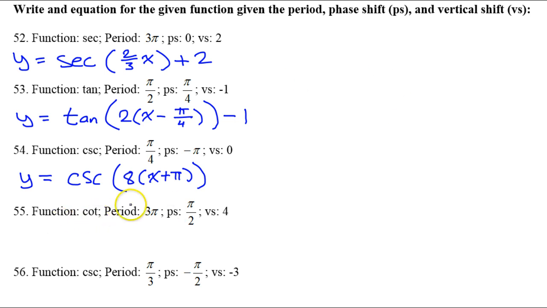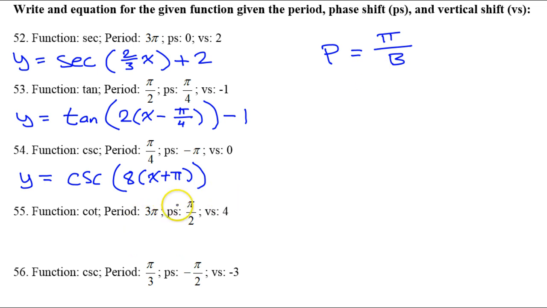Cotangent. Cotangent has a period of pi normally. Tangent and cotangent are the two that have that, and if there's no stretch or anything, the normal period is pi. So that means the actual period of this particular function is going to equal pi over b.